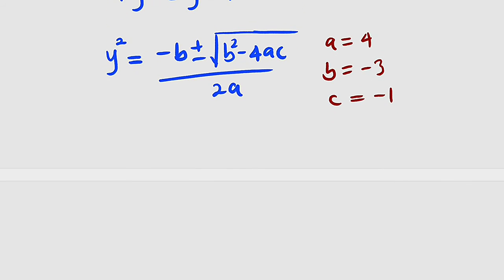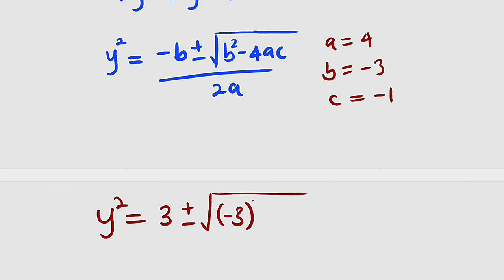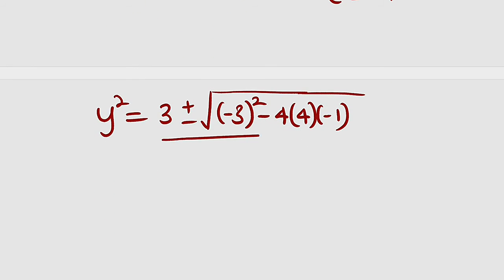So let's substitute them. Y squared is equal to minus b. Already b is negative, so we have positive 3 plus or minus the square root of b squared minus 4ac divided by 2a, which is 2 times 4.